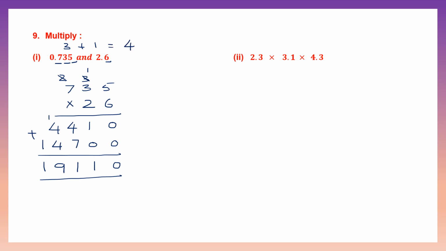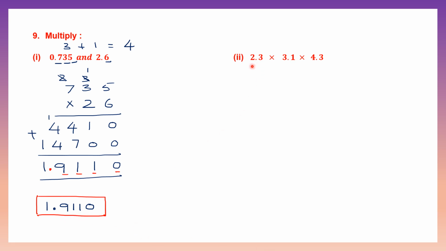That means our answer also should have 4 decimal places. So this is 1, 2, 3, 4. So the point comes here. So let's write down our final answer, 1.9110. We can also ignore the 0 that is right at the end and simply say 1.911. Let's go to the next one.